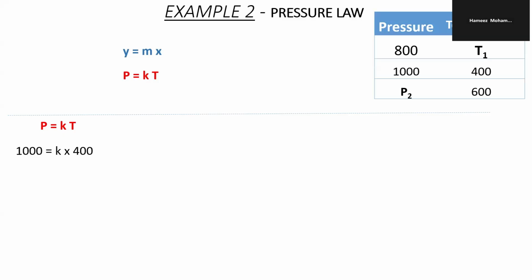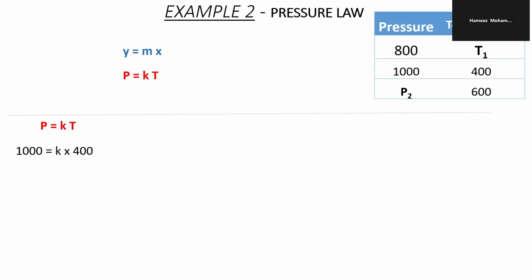Can we find K now? As long as there's only one term that's missing on the line, we should be able to solve it. So if we think about the idea that we only want K on the right side, we have to remove that 400. So what we do is we divide by 400 on the right side and divide by 400 on the left side.